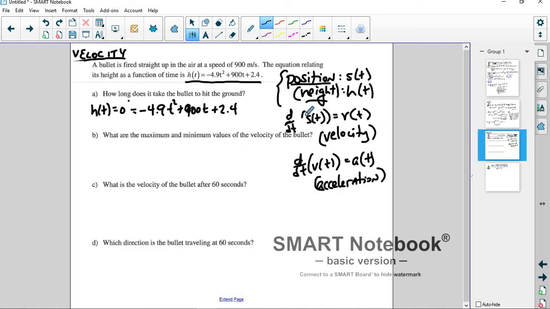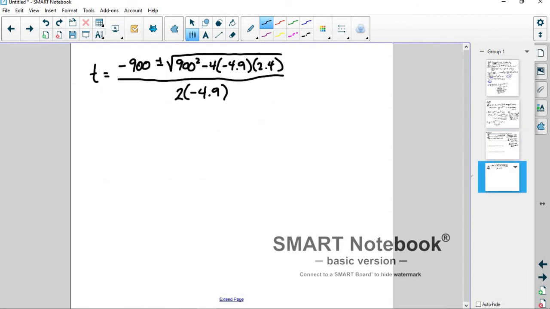Remember what our units are here, meters per second. So this negative 4.9 and this 2.4, those are numbers that are in meters, because we're in height here. So t is going to give us the time, and so if we calculate this out on our calculator, we get negative 900 plus or minus, when I take this square root, I get 900.026, and then that's all over negative 9.8.